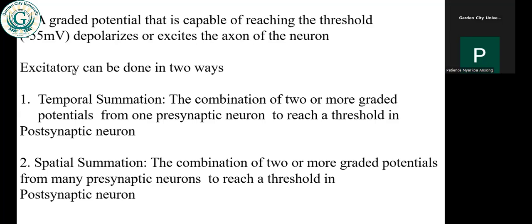Temporal summation is where we combine two or more graded potentials from one neuron, maybe because their intensity is not high, to ensure that a threshold is reached. Then you can also talk of spatial summation, where we combine two or more graded potentials from many neurons to reach a threshold in a postsynaptic neuron.